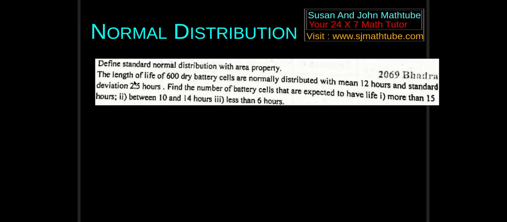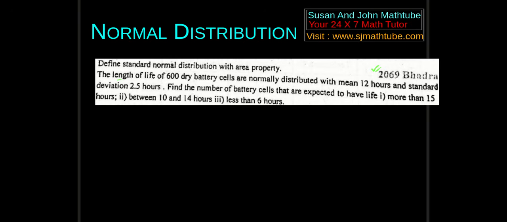Now I'll show you a few more questions, but I'm not going to do those questions right now. You're going to do these questions just after the video ends. So this was asked pretty long back, in 2069. That doesn't mean they won't repeat it. Define standard normal distribution with the area property that we discussed in the last video.